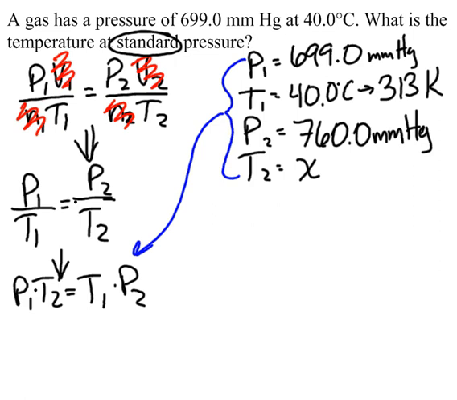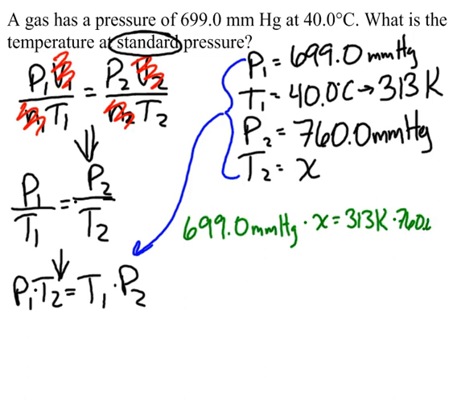Your pressure 1 is 699.0 millimeters of mercury. Remember, always have your units in there. Multiply that by T2, which is X, and that's equal to T1, which is 313 Kelvin, multiplied by 760.0 millimeters of mercury.